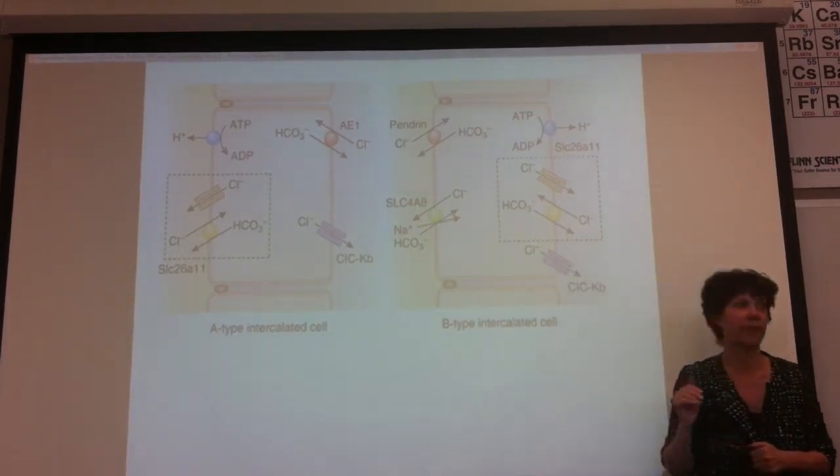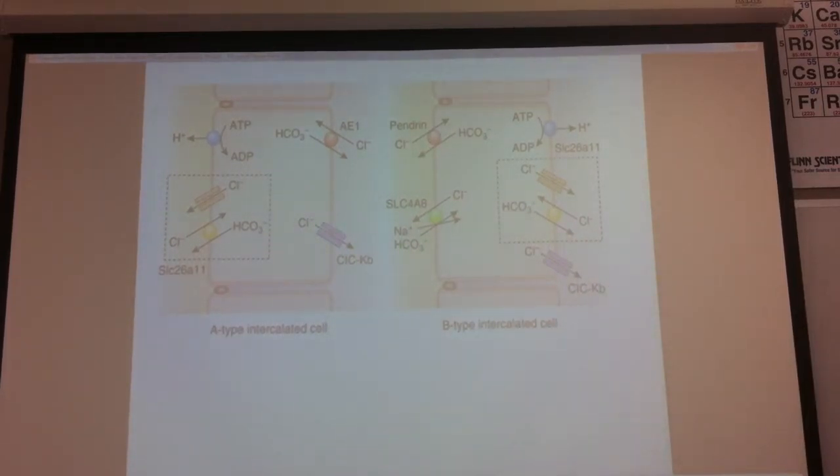Yes? Do we have these channels on both sides just based on whether we have acidosis or? No. If you are in acidosis, the channels don't move. If you are in acidosis, then the type A intercalated cells and the proximal convoluted cells would be functional. So there are just different cells. If you are in alkalosis, type A cells and the proximal convoluted cells wouldn't function, and type B cells would function.